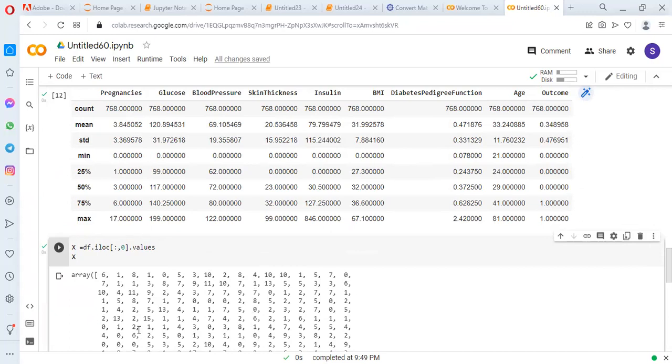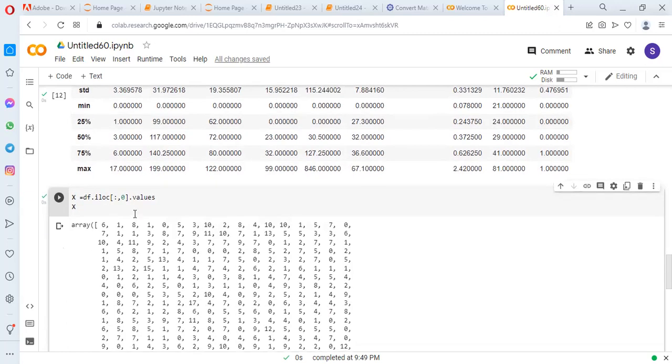When I want to take the consideration of a certain column, like the 0th column or the first column, I have to use this iloc function, and before that I will take the consideration of the whole data set.